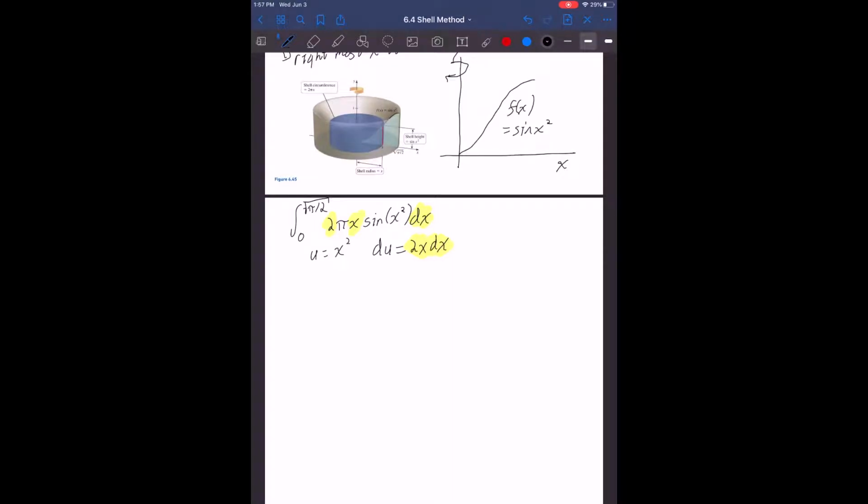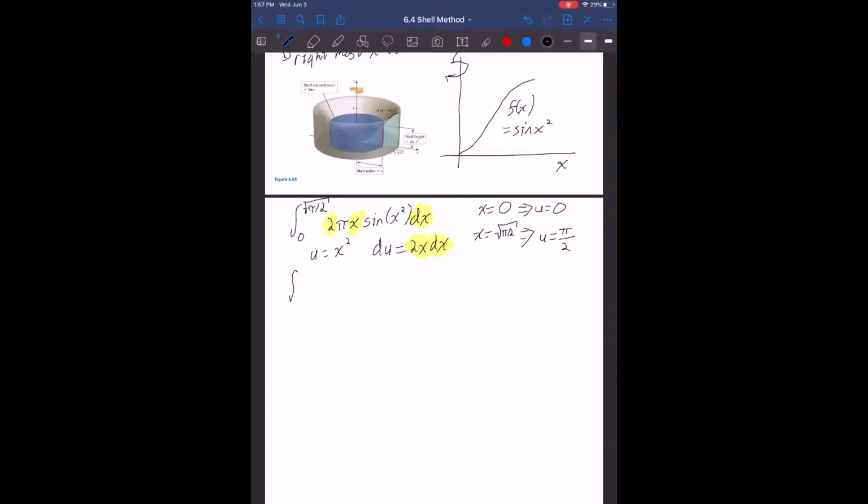The other thing that we always need to make sure to change are our integral bounds. So the first one is when x is 0. Well, if we square 0, we'll just get 0 still. So this implies that u is 0. And if we have x equals square root of pi over 2, we square this, we're just going to get that u is equal to pi over 2.